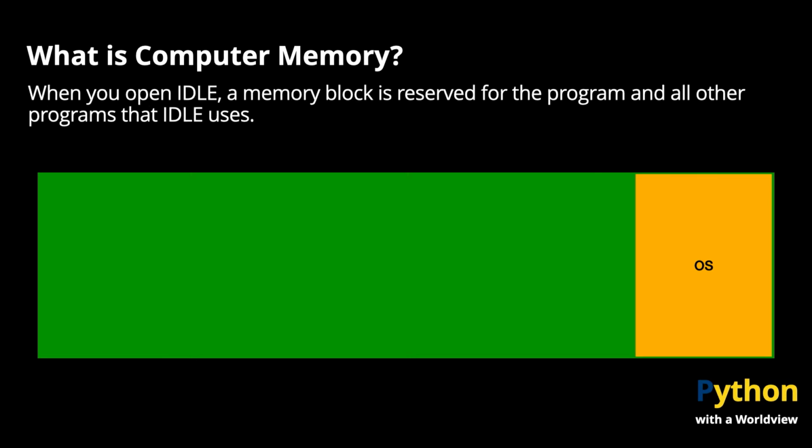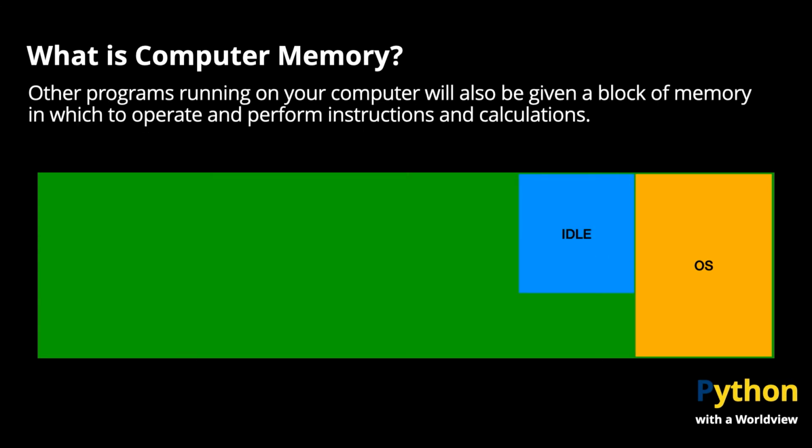When you open IDLE, a memory block is reserved for the programmer and all other programs that IDLE uses. Other programs running on your computer will also be given a block of memory in which to operate and perform instructions and calculations.